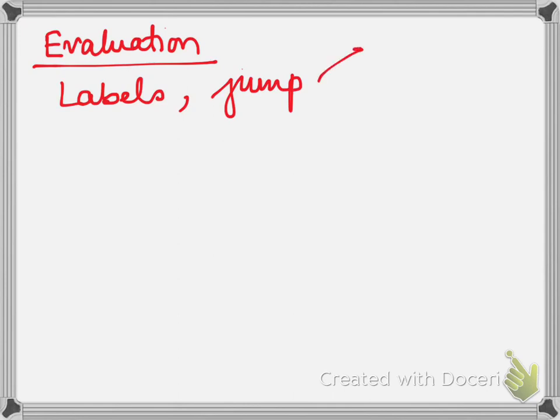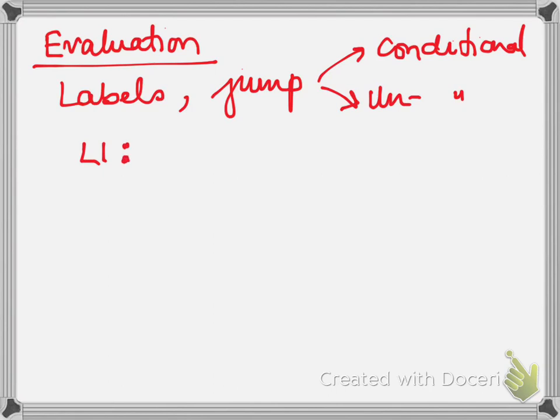This jump statement may be conditional, like jump if 0, or unconditional, where there is no if, just jump. A label we can indicate like this, L1 colon, which indicates that L1 is a label. Or I can have a label and then a jump, which is an unconditional jump to this label.